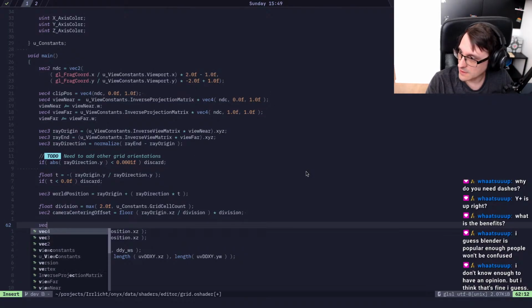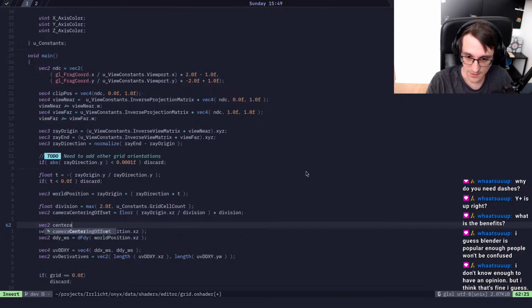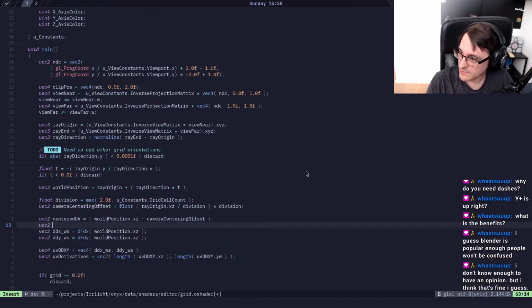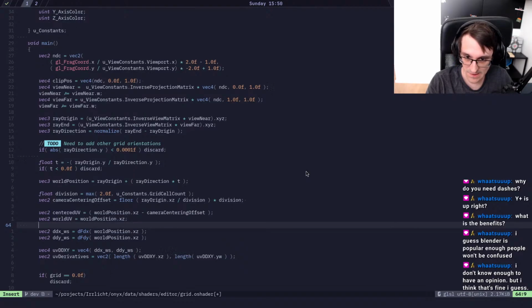And then we can do the vec2 centered UV, basically our vert position xz minus this camera centering offset. Then we have the vec2 vert UV, which is our vert position xz, just like that.